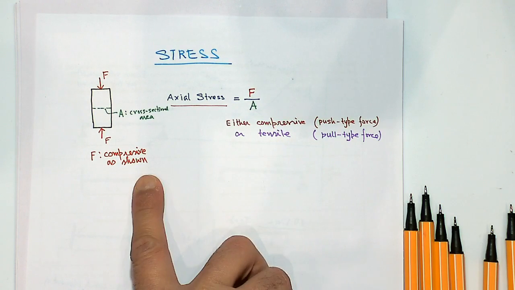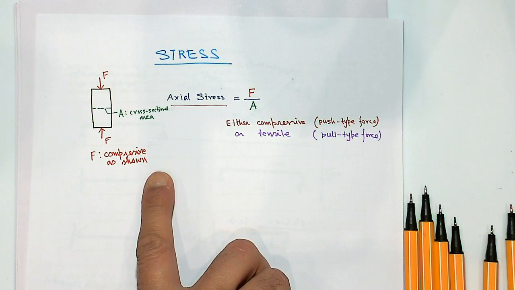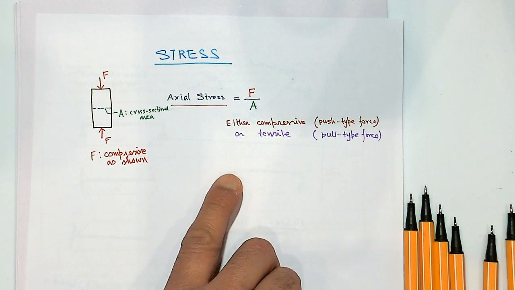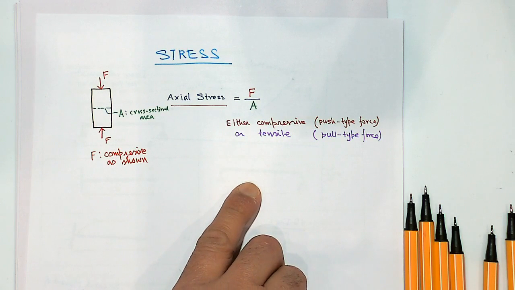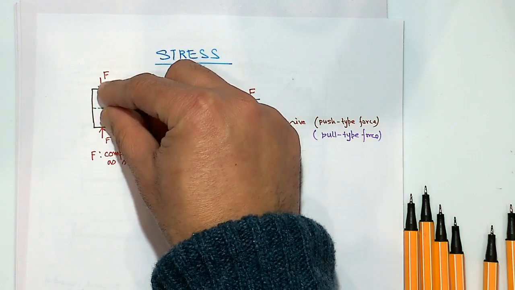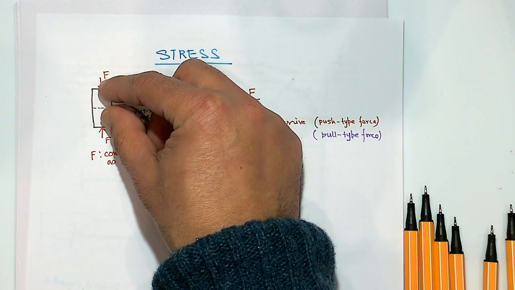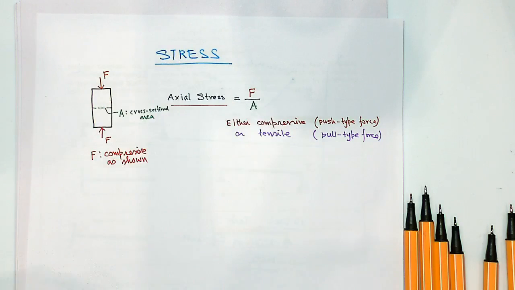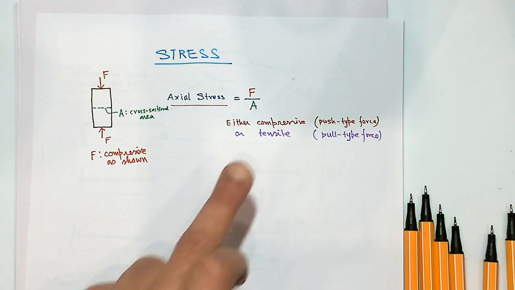Because you need to find out whether the material is strong enough to resist that force, whether the material will crumble, for example, under this compressive force, or if you put a tensile force, whether it will tear apart. So you need to check whether the material can resist that level of force by checking stress.